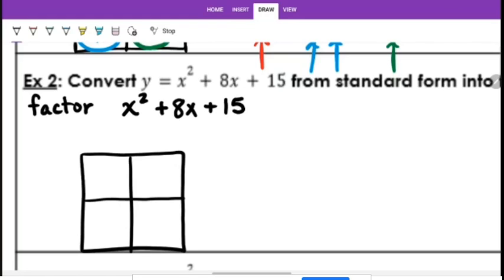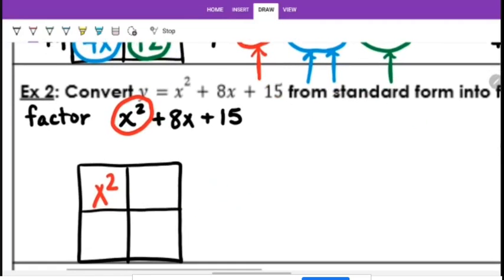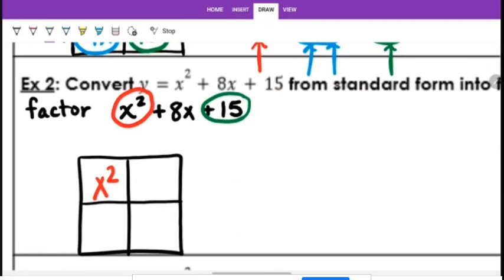And now we're going to take the pieces of our quadratic standard form and put them into the rectangle where they belong. The x squared goes in the top left, and the 15, positive 15 no less, goes in the bottom right.